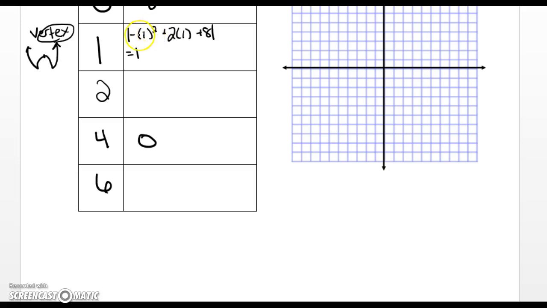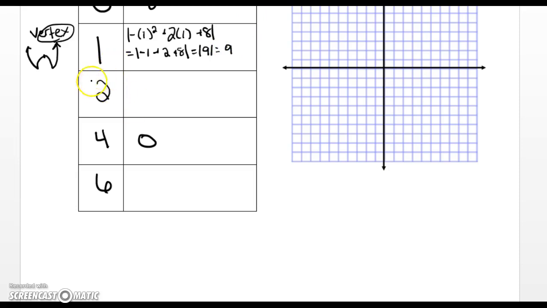So 1 squared is 1. So you have -1 plus 2 times 1 is 2 plus 8. Then we're left with the absolute value of -1 plus 2 is +1, plus 8 is +9. And then the absolute value of 9 is simply just 9.